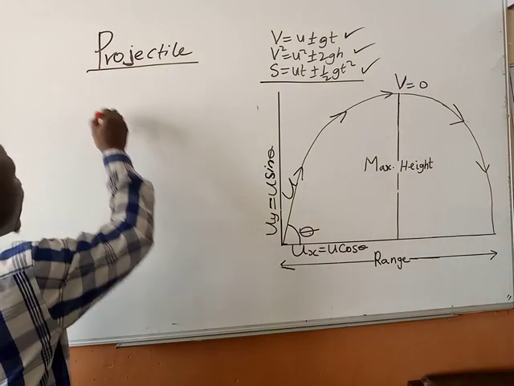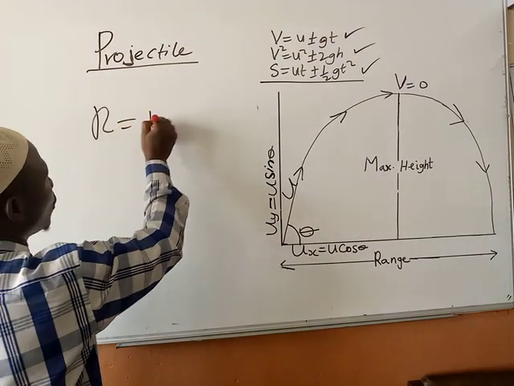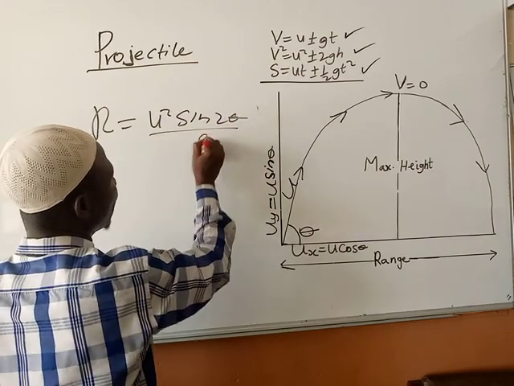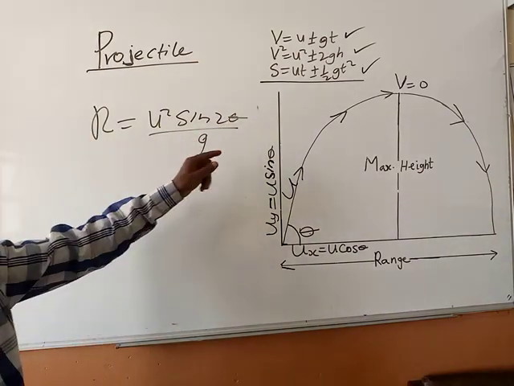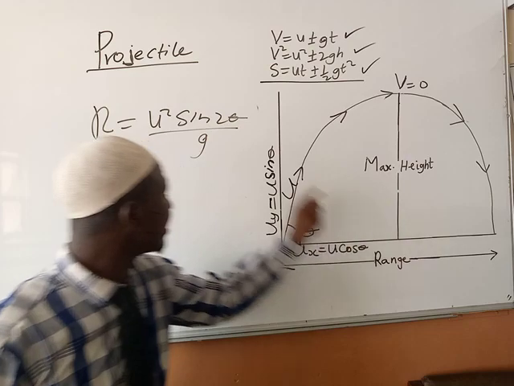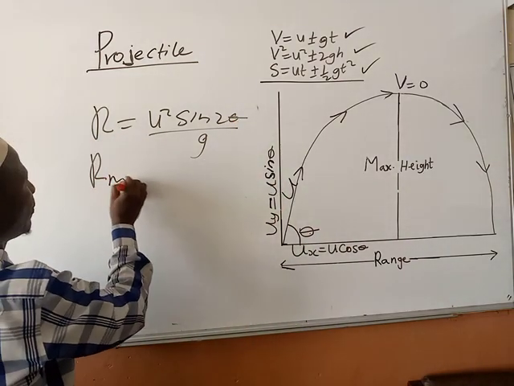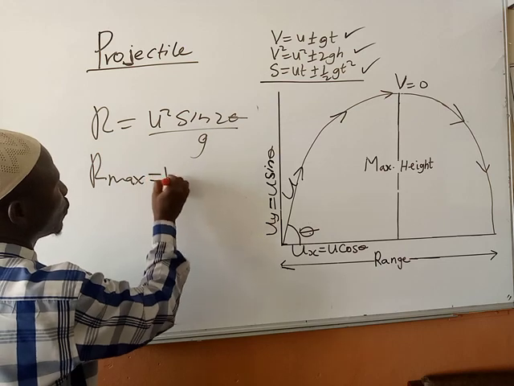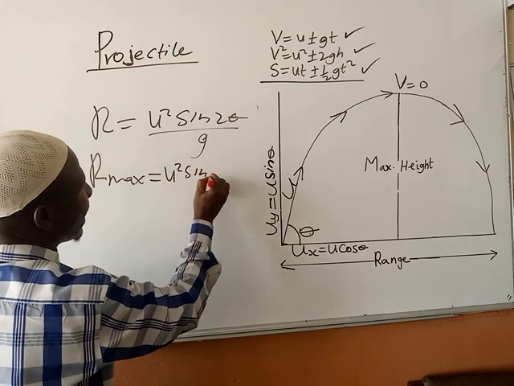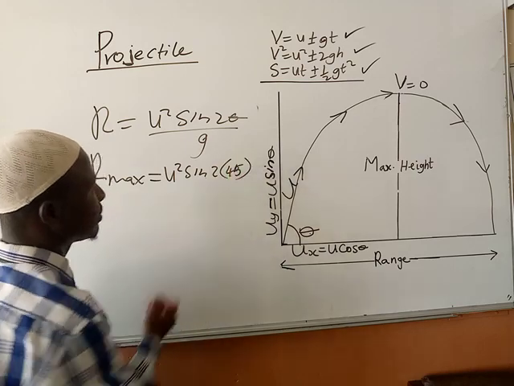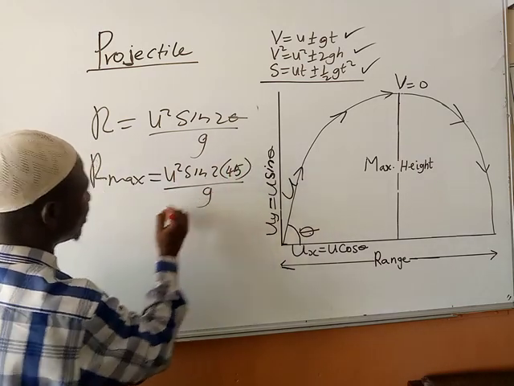So since ordinary range R is equal to u squared sin 2 theta over g, but in order to cover maximum range, the theta must be 45. Therefore, range for maximum is equal to u squared sin 2 open bracket 45 degrees, everything over g.